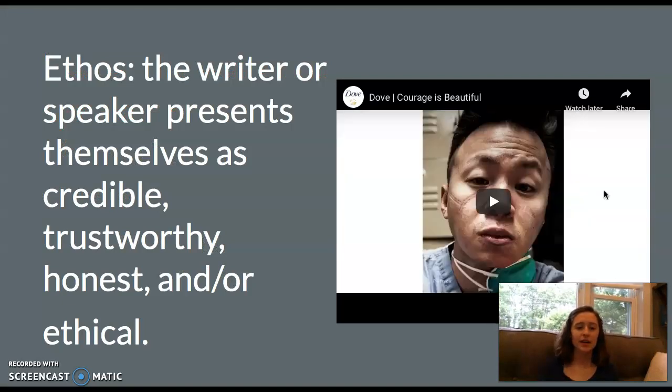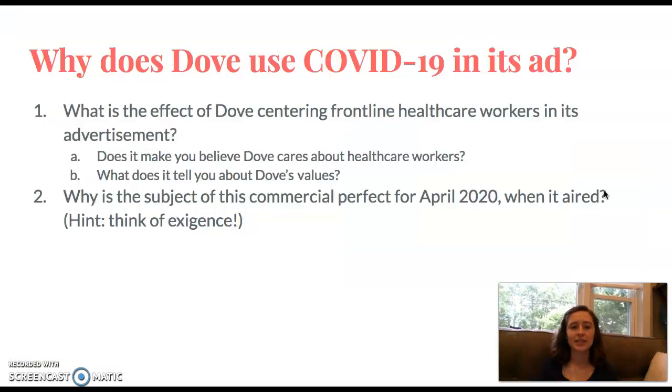The last rhetorical appeal is ethos, and this is where the writer or speaker presents themselves as credible, trustworthy, honest, and or ethical. So I have here a really recent commercial from Dove that they titled "Courage is Beautiful," and you can see here just from the little preview on YouTube that it's about first line healthcare workers in the pandemic.